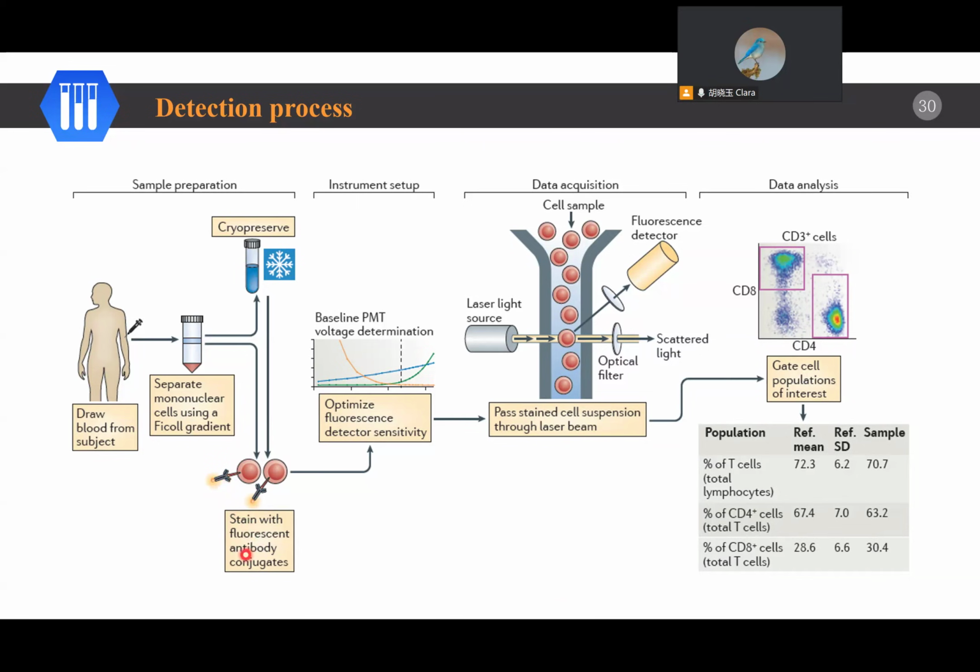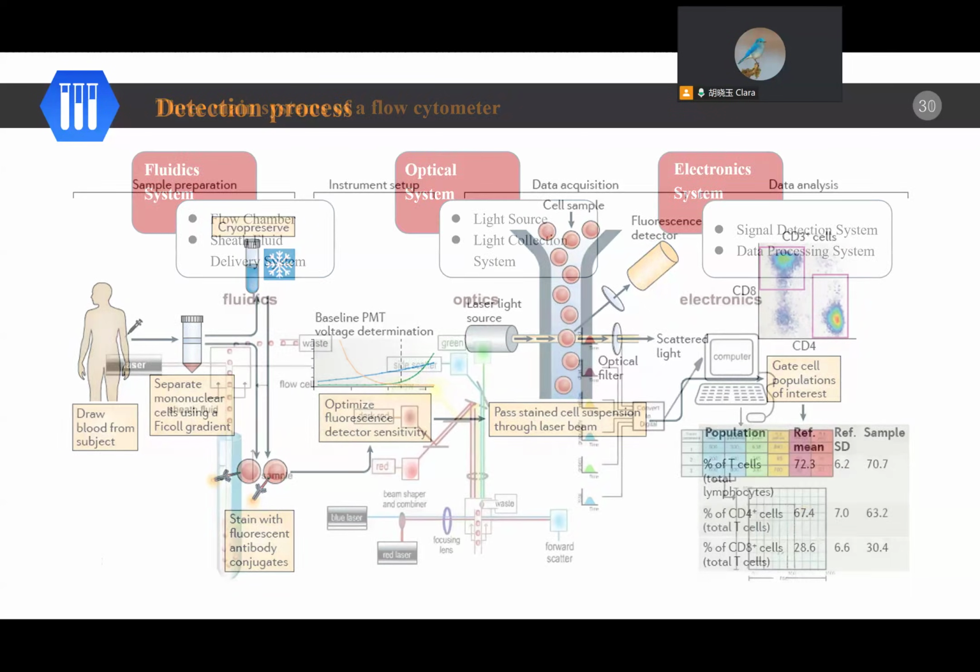So the reagent has two components. We use this reagent to stain the cells, and then use the flow cytometer to detect. The flow cytometer will get the data and present it as the figures we can understand, and then we can set up a table like this to know the proportions, the cell count, and so on.